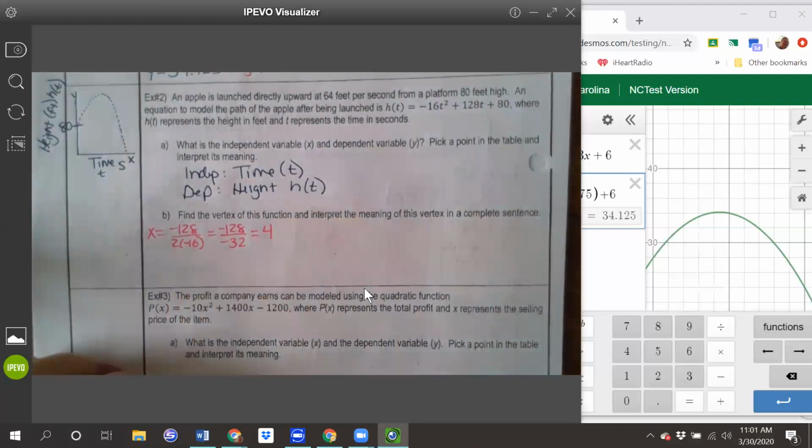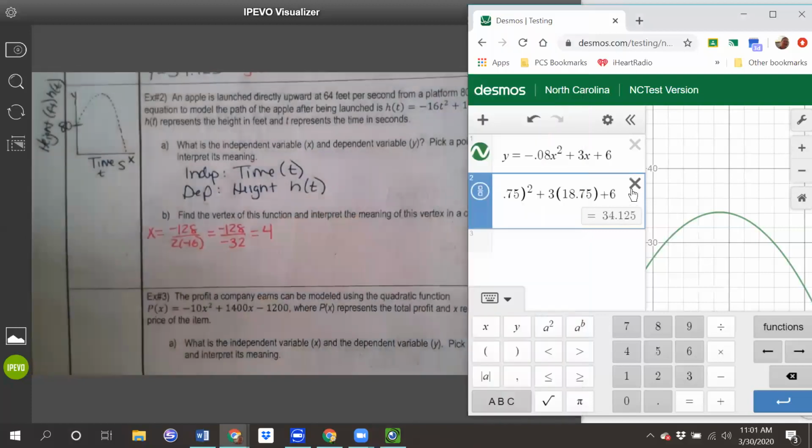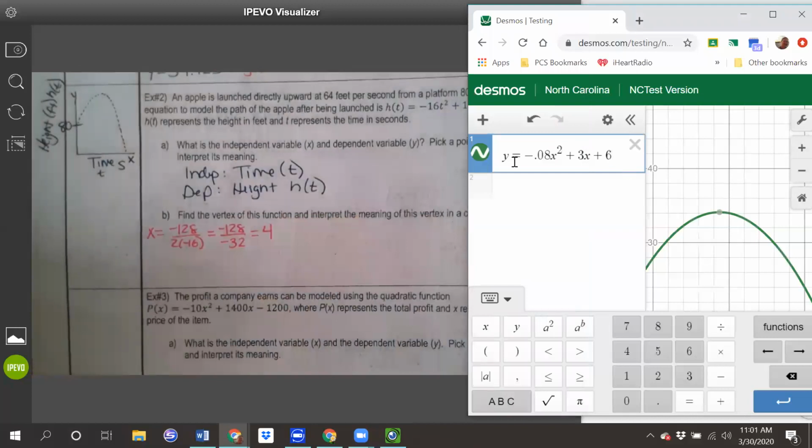All right, let me put that into Desmos. I'm going to change this to a negative 16. I'm just going to leave it as x squared. You don't have to change it to t because t's and x's, they represent the same thing. They are interchangeable. So 128x, and then I need that to be a plus 80.